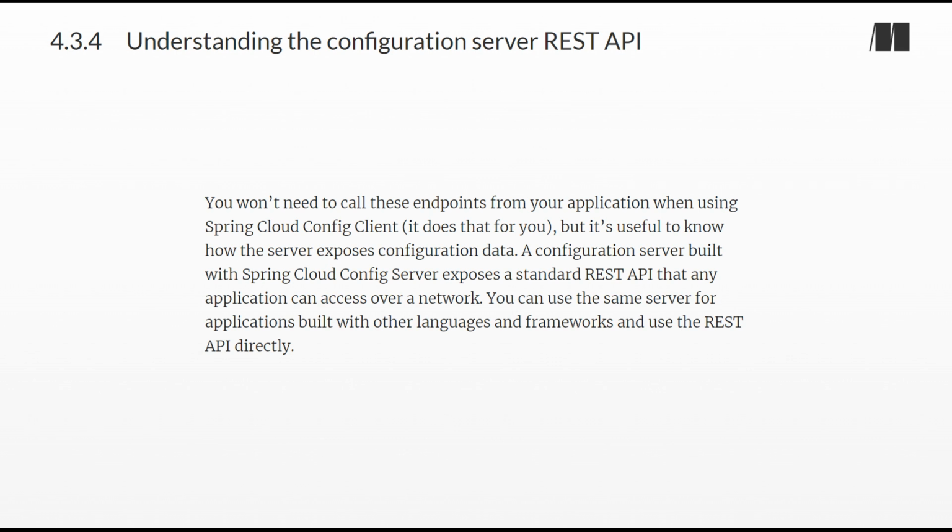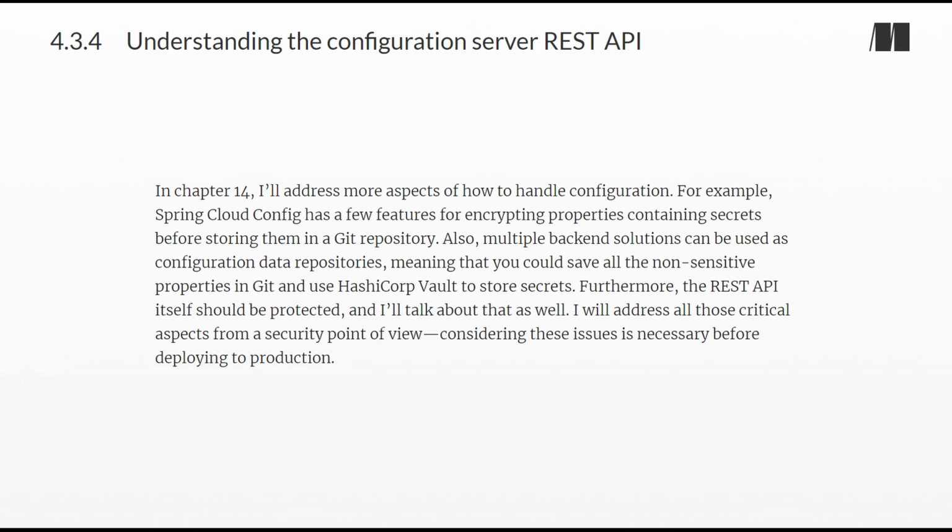A configuration server built with Spring Cloud Config Server exposes a standard REST API that any application can access over a network. You can use the same server for applications built with other languages and frameworks and use the REST API directly. In Chapter 14, I'll address more aspects of how to handle configuration.